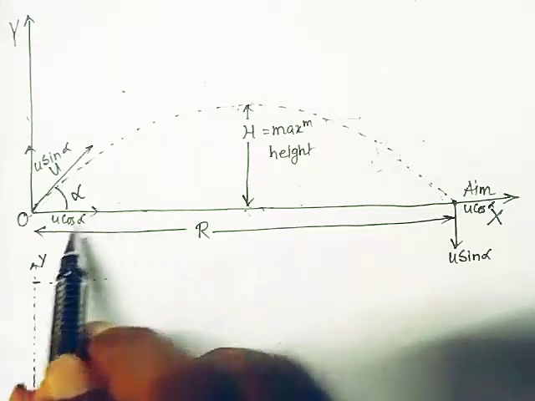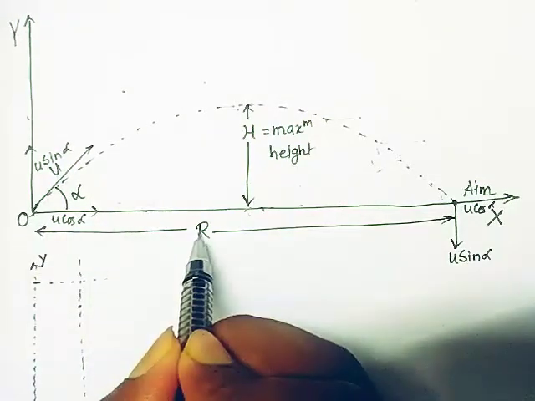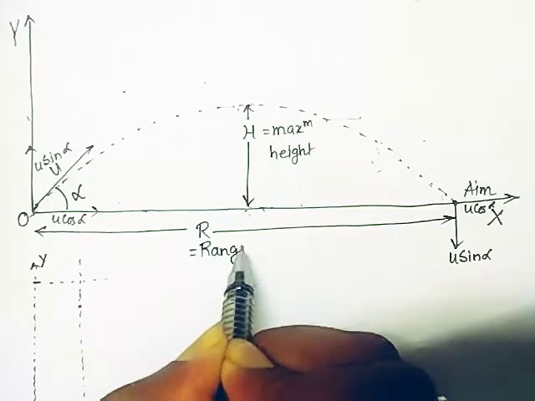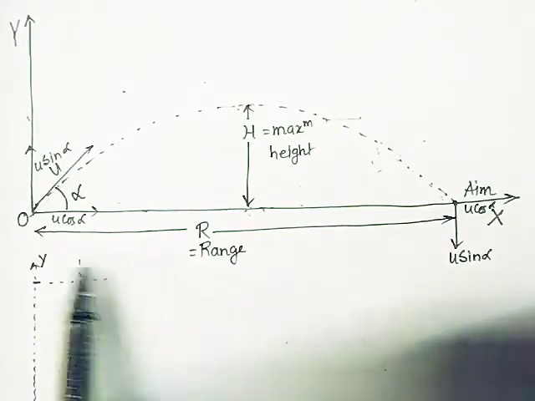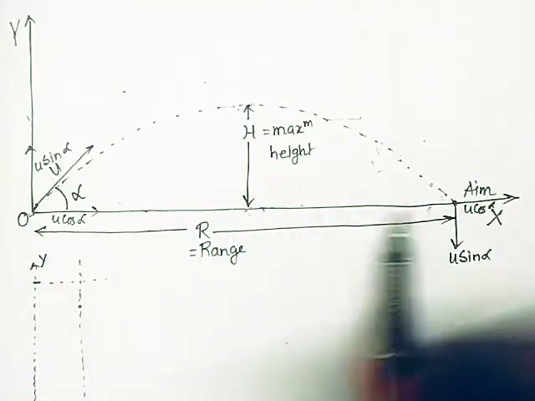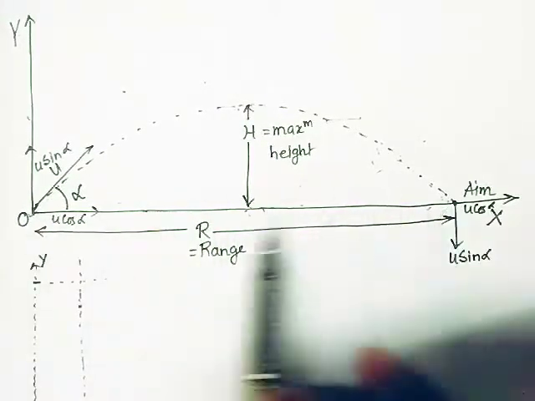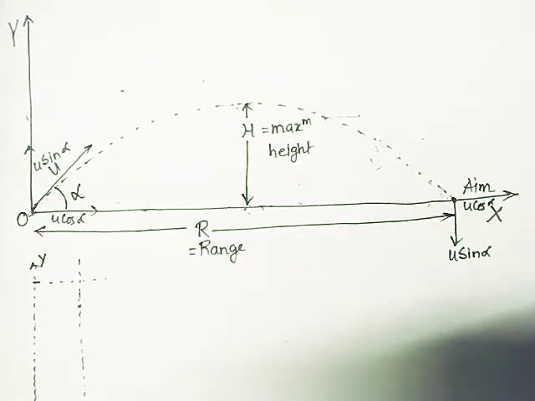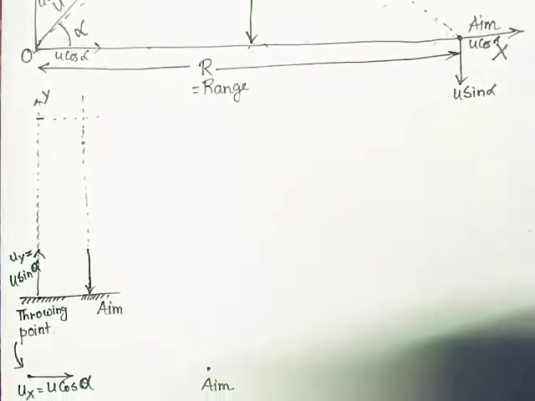The capital R noted here is called the range. Along the ground, the particle reaches from here to here; that is the range. So let us analyze the vertical and horizontal motion separately.